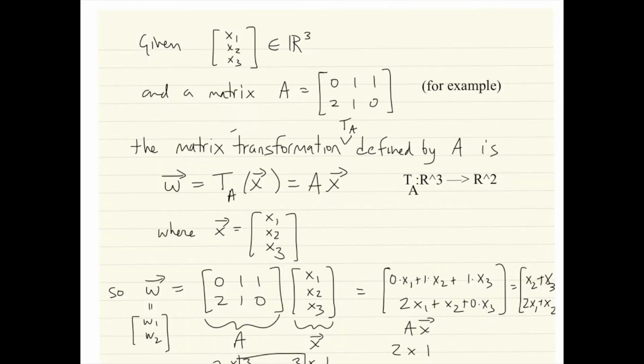So the goal of this section is to introduce what's called a transformation. And I want to illustrate this by an example. I have a matrix A here, and I've just made a random example. This is two rows, 3 columns, so it's a 2 by 3 matrix.